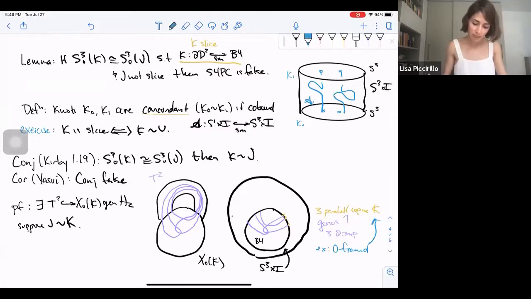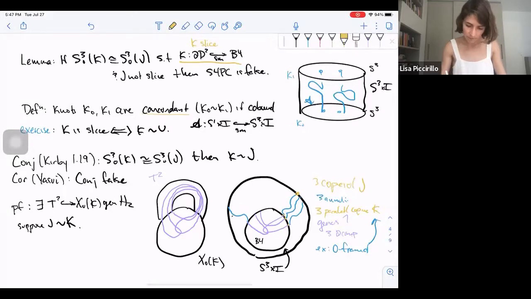And since we're assuming that K is concordant to J, I can find some annulus running from K out to the knot J in this outer boundary. In fact, I can take parallel copies of that annulus and get 3 annuli here, running out to 3 copies of J.